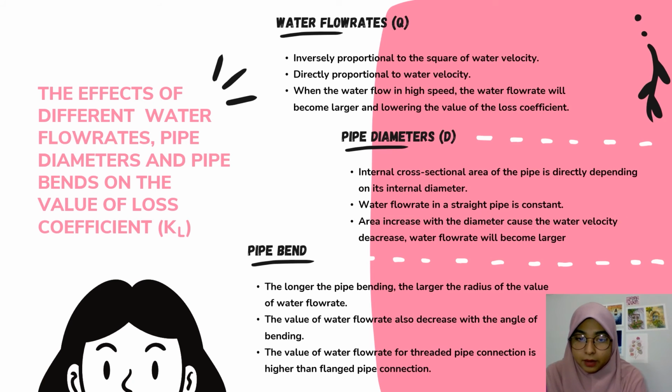The last one is the pipe bend. The longer the pipe bending, the larger the radius. The value also decreases with the angle of bending. The value for the T pipe connection is higher than the Y pipe connection.